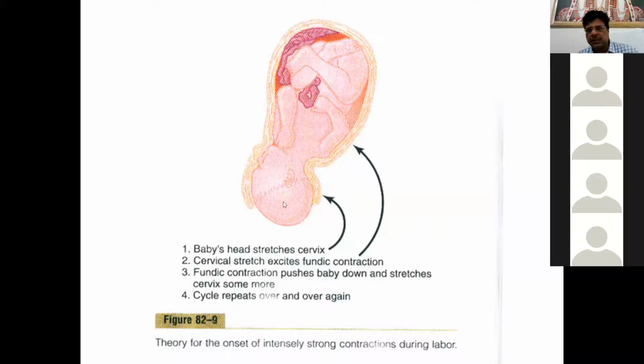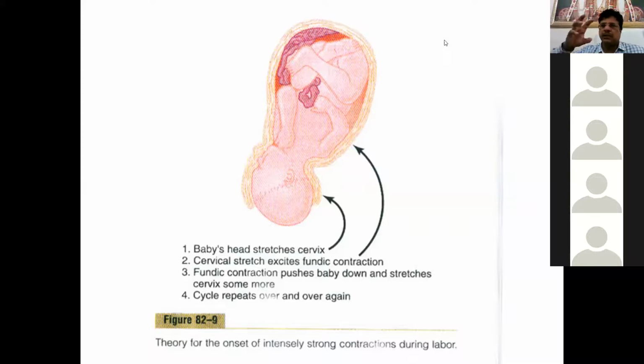The stretch receptors in the cervix are activated, and by the somatic pathway the impulses are carried to the magnocellular neurons of the supraoptic and paraventricular nucleus in the hypothalamus. A burst of electrical activity starts in these neurons. They project to the posterior pituitary, from where oxytocin is released into the bloodstream.